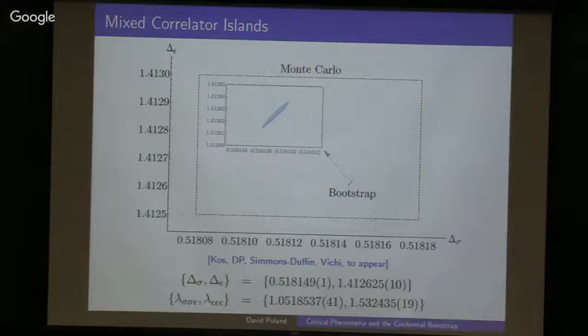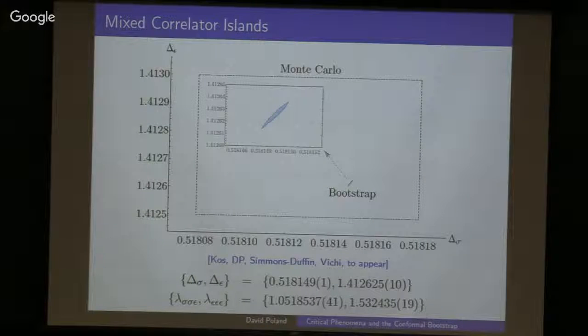And we can similarly get extremely precise measurements of the coefficients lambda between sigmas and epsilons. So I think this is really a striking success story, which shows the power of the conformal bootstrap in 3 dimensions. And it's natural to ask, okay, what more can we do?